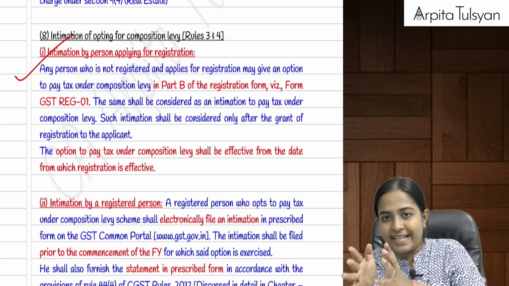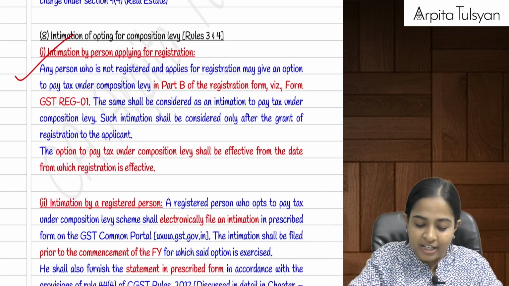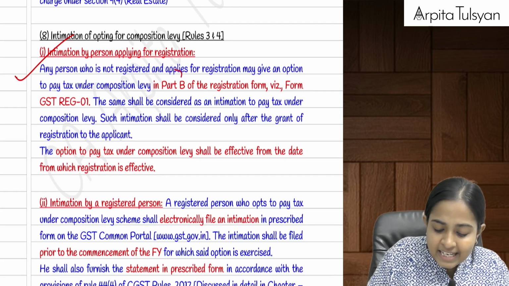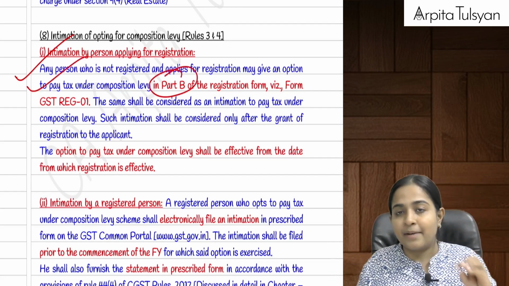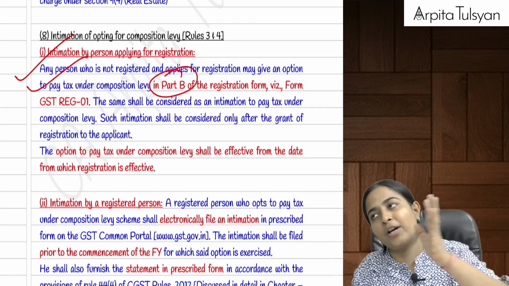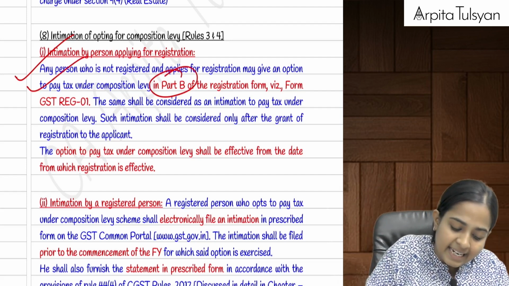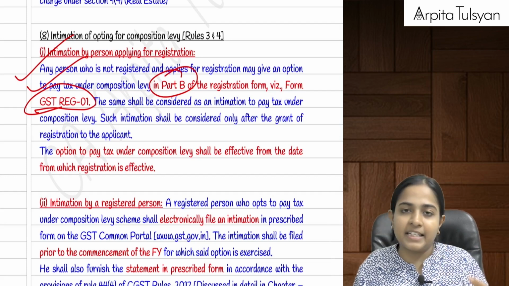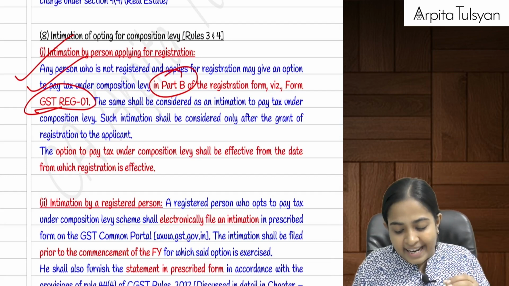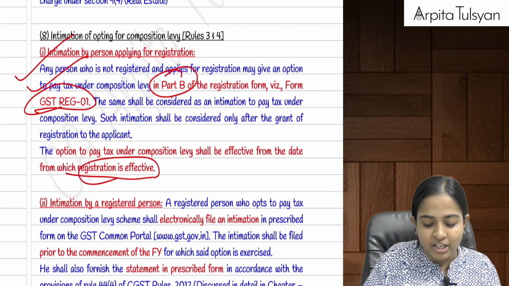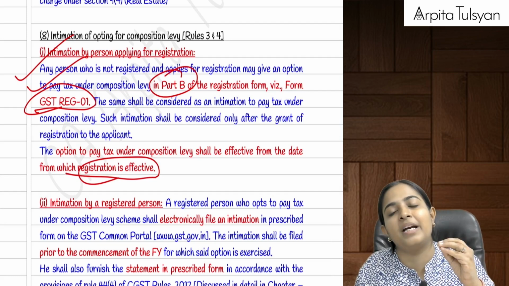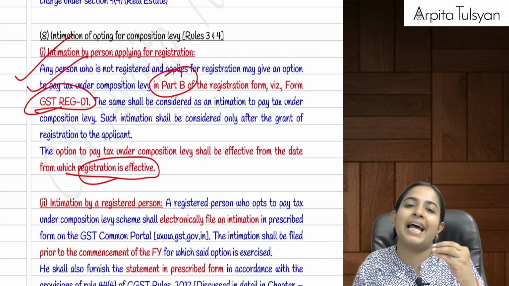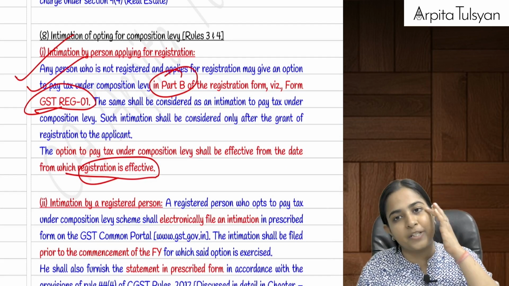Means first time he is getting registered and that too as a composition person, then in that case, he can apply. Earlier he was unregistered, now he wants to become a registered person. He can apply in this particular form on the GST portal, and from the day his registration becomes effective, from that day he will be liable to pay tax under composition scheme.